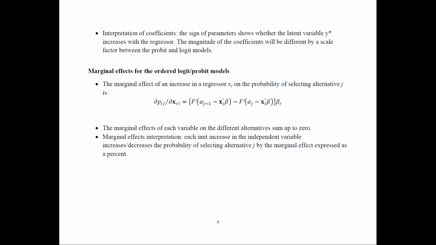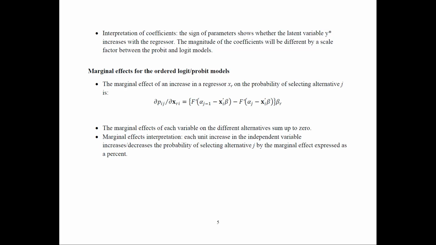For the marginal effects, the effect of an increase in a regressor x_r on the probability of selecting alternative j would be this expression here, and when we take derivatives, this would be the coefficient that we have estimated, and these would be expressions that would also include the x variables and values.